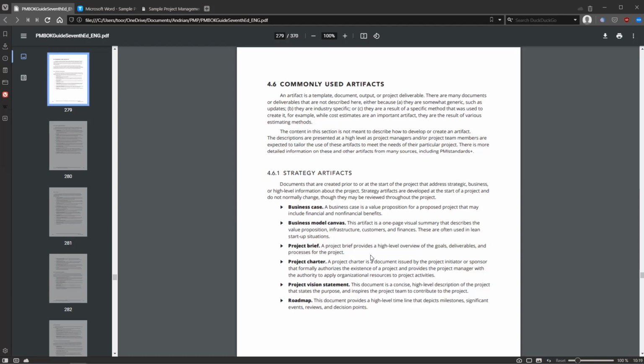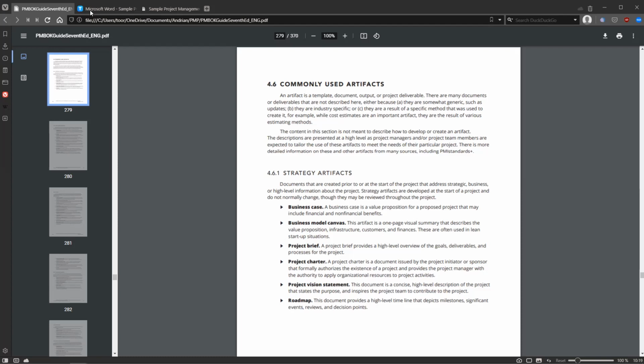This is not a necessary document, but it's very nice to have. And even if there is no requirement within the organization to have such a document, it's very practical to at least document this before starting the project.